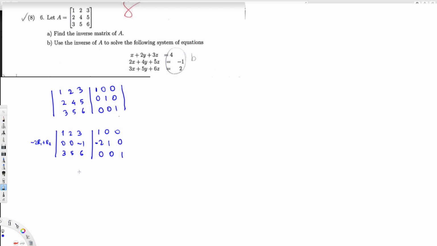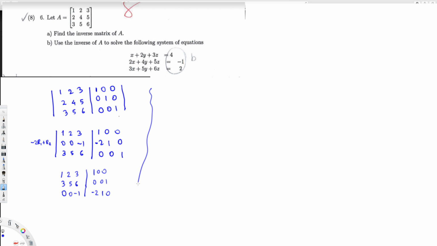It will be less work for me to solve this. So let's do that. It's going to be 1 2 3 1 0 0, then 3 5 6 0 0 1. Then I flip the second one into the third one, so it's going to be 0 0 -1 -2 1 0 right here.